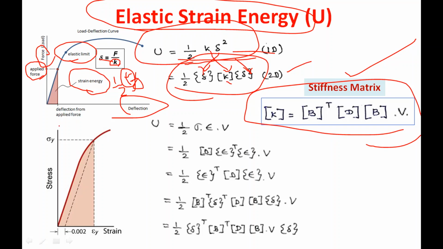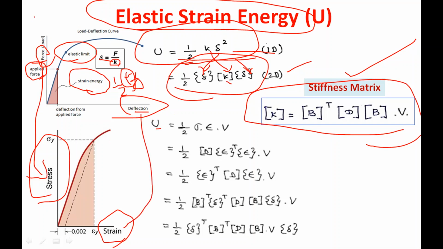There is one more equation we can use to express the strain energy, by using the stress strain plot. How do we get the stress strain plot? Force divided by the cross sectional area gives you stress. If you divide the deflection by the original length, you get the strain. So it is the same plot, only plotted in different terms, stress and strain.